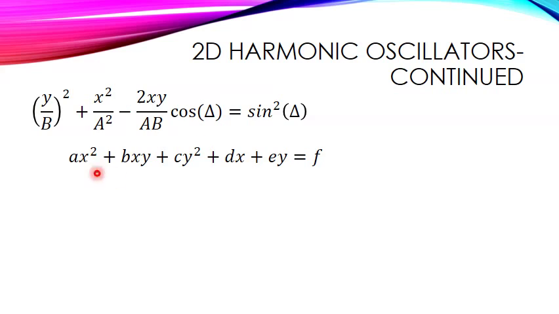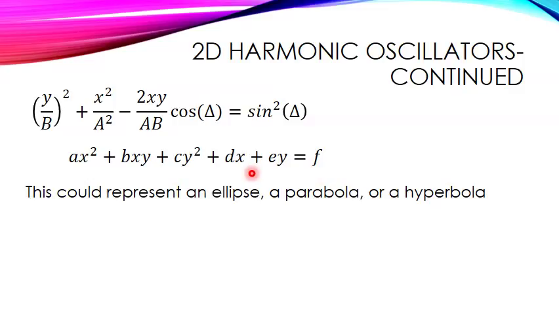So if you solve this, you get particular looking geometric patterns that will show up. They either look like an ellipse, a parabola, or a hyperbola, depending on the value of this discriminant here.